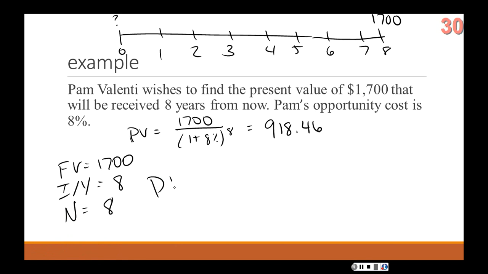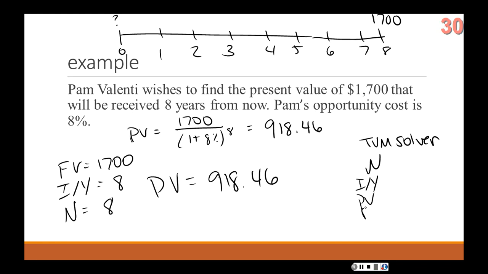So the present value, $918.46. If you're using a graphing calculator, when you pull up your TVM solver, you should see these same inputs. So it's going to say, I may get the order wrong here, I don't have a graphing calculator, IY, PV, future value, and payment. I'm almost certain I have the order wrong.